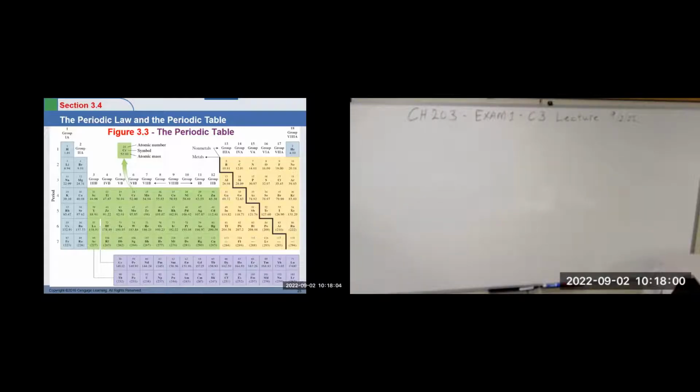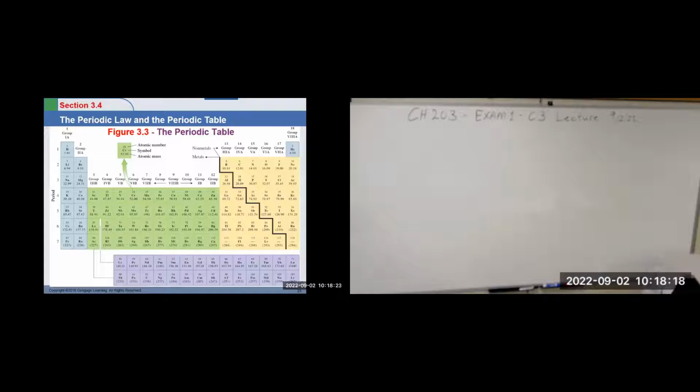Also, you got this black line here that you should be able to put in your extra credit. That is the dividing line between metals and nonmetals. So you can see most of the table is metals, and you have a few nonmetals.